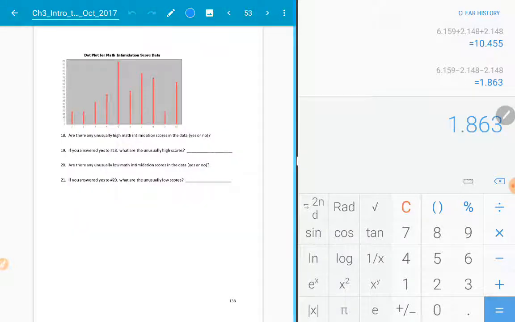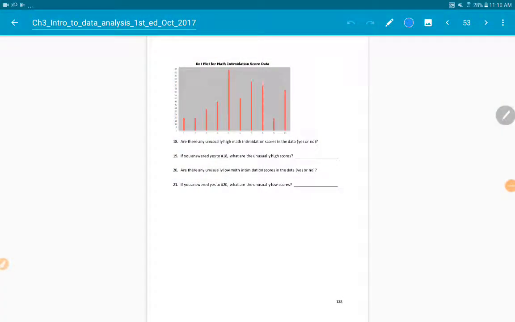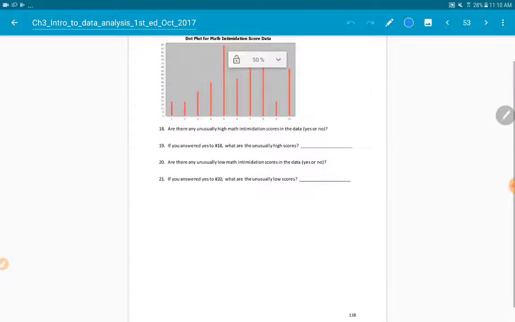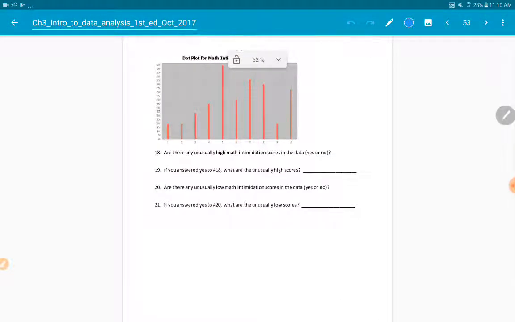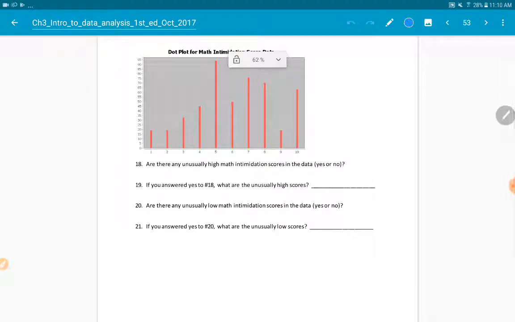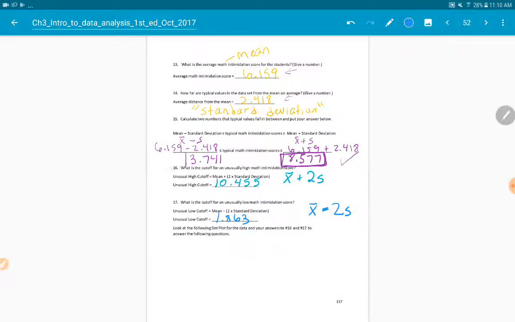Now 18 through 21 use that same data, but this time we're looking at the dot plot. So we've already done our calculations, so I'm going to get rid of my calculator here and look at number 18. Are there any unusually high math intimidation scores in the data? How I determine that is I go back and see what was the cutoff for the high. Here is my cutoff.